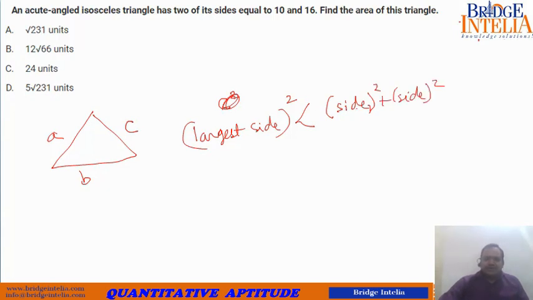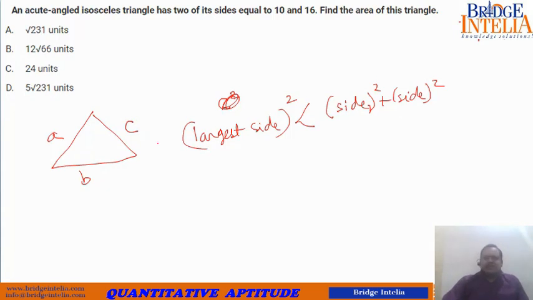So you can think of it like the Pythagorean inequality. If this relation holds, then I would say that whatever triangle we are referring to is an acute angle triangle. We will see this in a bit more detail in the next section.